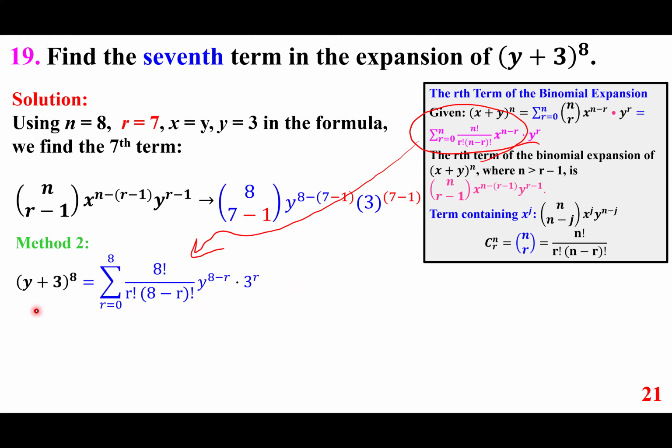Now, we know if we expand this, for the first term, r is 0. Second term, r becomes 1, and so on and so forth. So for the seventh term, r becomes 6. So for the seventh term, here, replace the r with number 6.